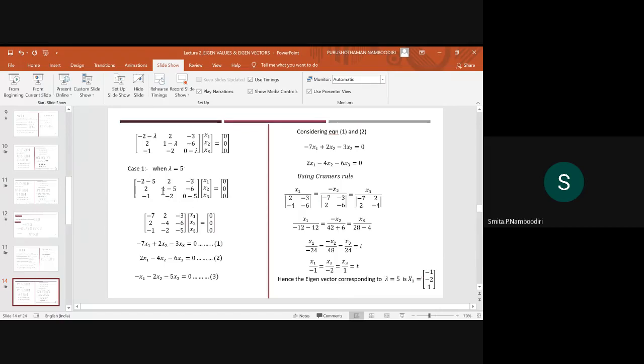So minus 7, 2, minus 3, 2, minus 4, minus 6, minus 1, minus 2, minus 5. Rewriting it in the form of equation again. All the three are three different equations. So you can choose any two equations and use Cramer's rule to get the values of x1, x2, x3. Please check the answers.